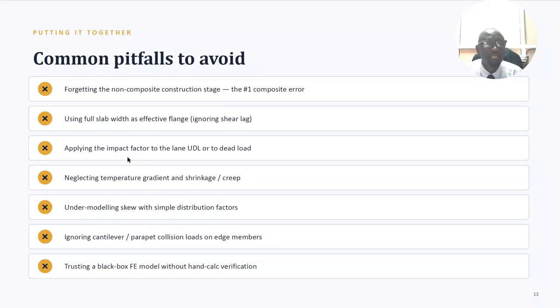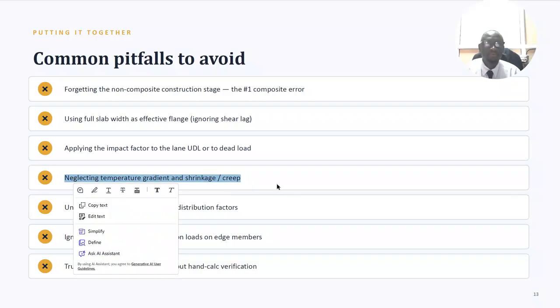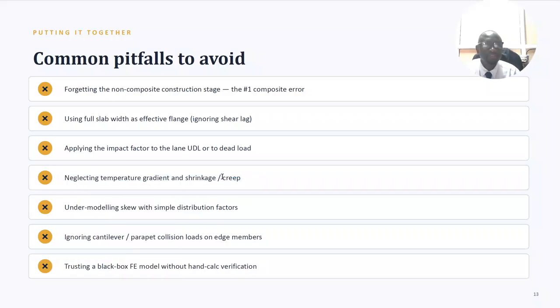Wrongly applying the impact factor and neglecting temperature gradient and shrinkage and creep. This one normally is the mistake, but at least now we have to do it. It's very important, because if not, there are additional forces that arise from temperature, shrinkage, and creep. Undermodeling skew with simple distribution factors, ignoring cantilevers for parapet collision loads on edge members, and trusting a black box FE model without an independent hand calculation.